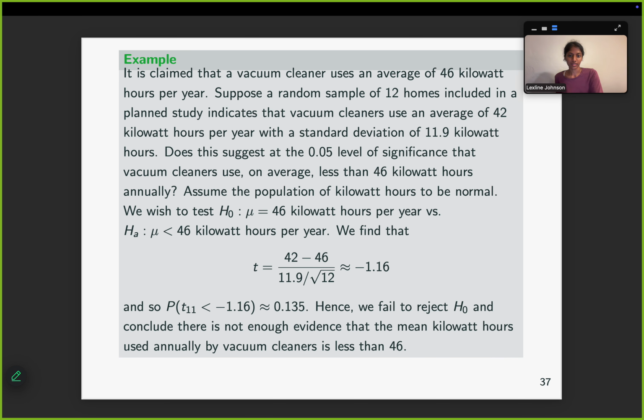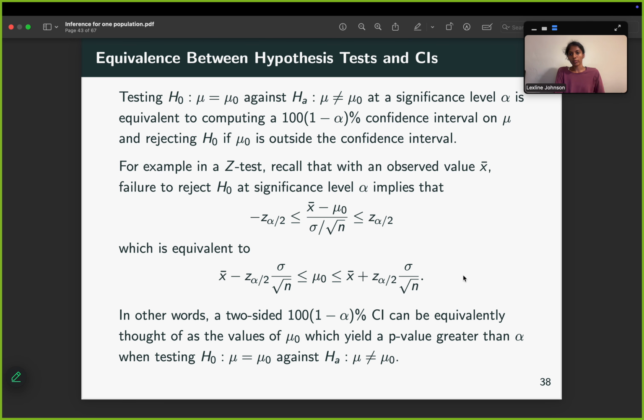And then, when we test our null hypothesis, where our mean is equal to some value, against our alternate hypothesis, where our mean is not equal to that value, at our significance level alpha, this is equivalent to computing a 100 times 1 minus alpha percent confidence interval on our mean, and rejecting our null hypothesis if our value for the population mean is outside of the confidence interval.